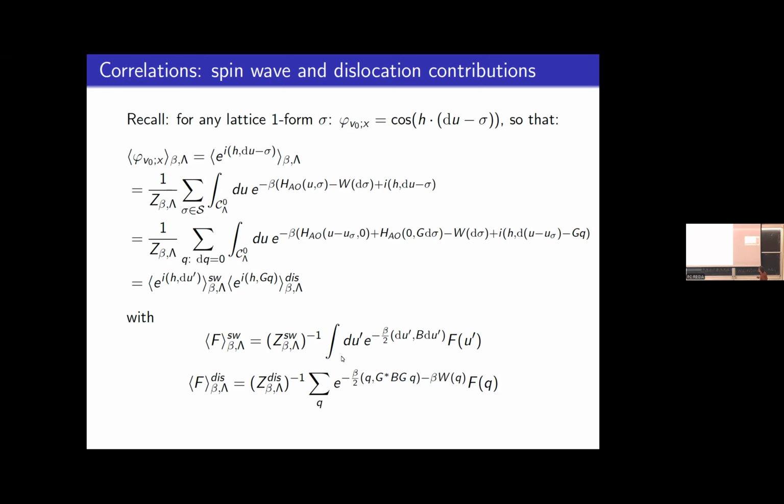And you get that the average of this part and this part is given by this measure here, and the average of this part and this part is performed using this weight here. Okay, so the spin wave dislocation decomposition at the level of the energy implies this spin wave dislocation decomposition at the level of the Gibbs measure.